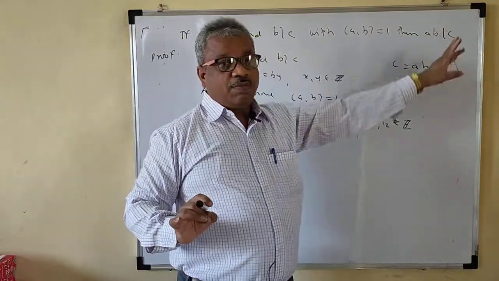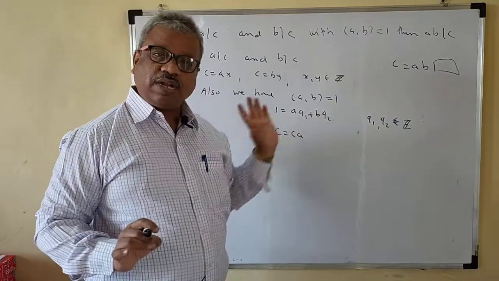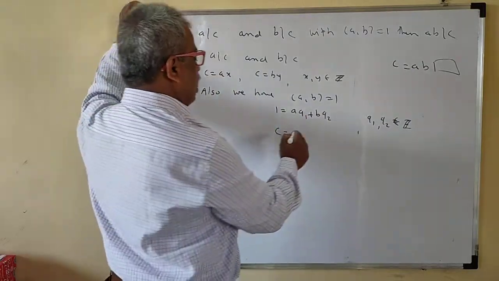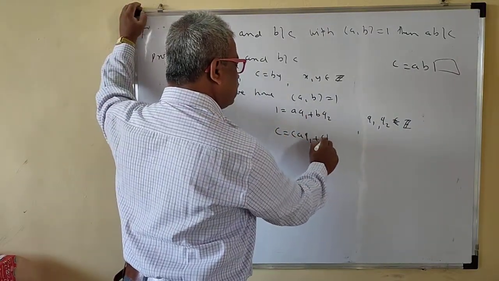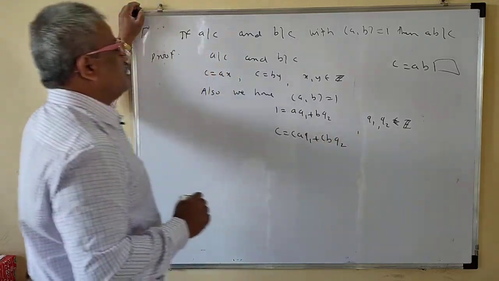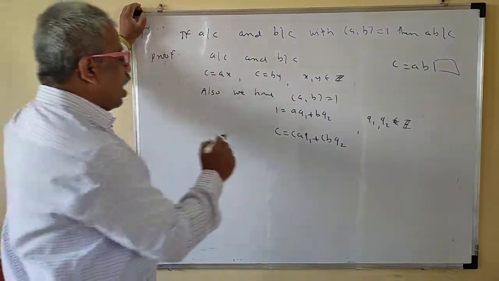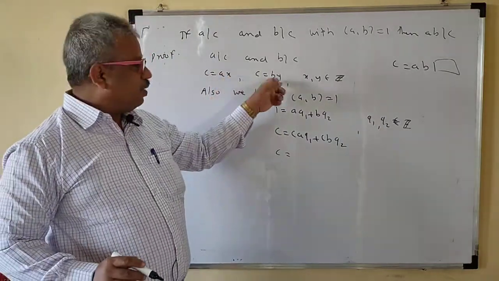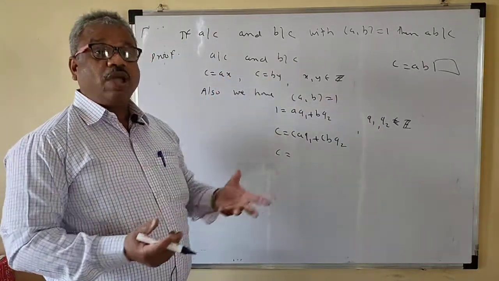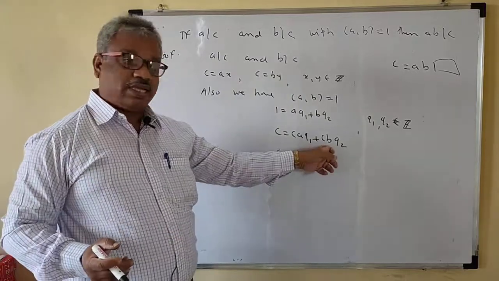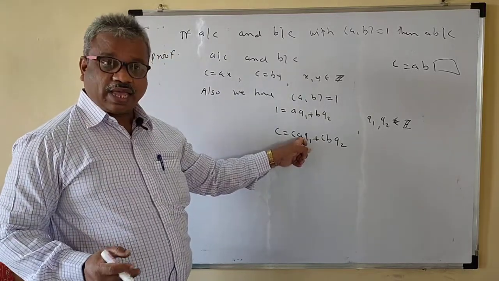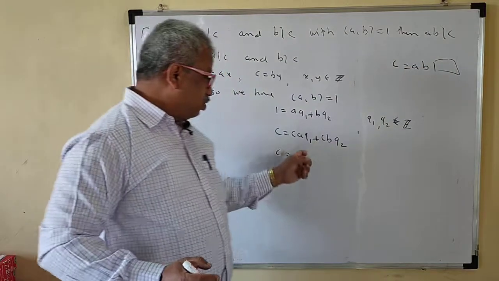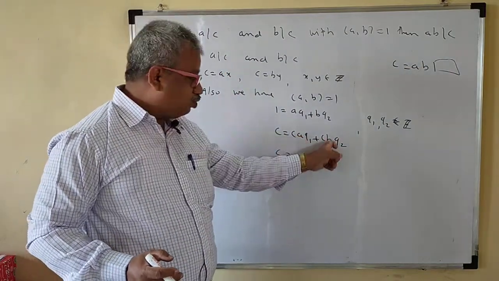What do I have to prove? AB. So that means C is equal to, since I have multiplied by C here, CAQ1 plus CBQ2. Now I will put the value of C. I have C is equal to Ax and C is equal to By. Which value do I have to put where? I want AB together, so I should have B here and A here.